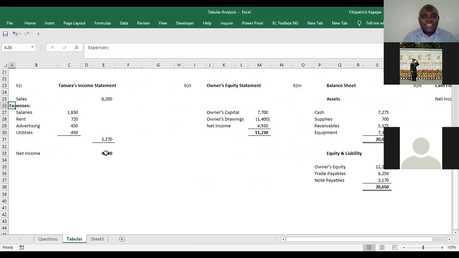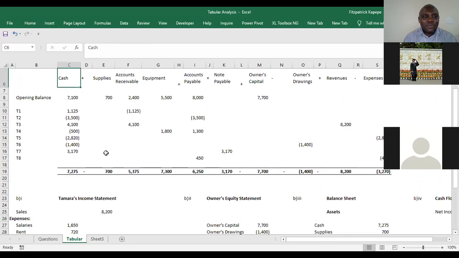But under this net income, there are certain things that we'll have to remove, because we have to remove certain elements that are not cash related.